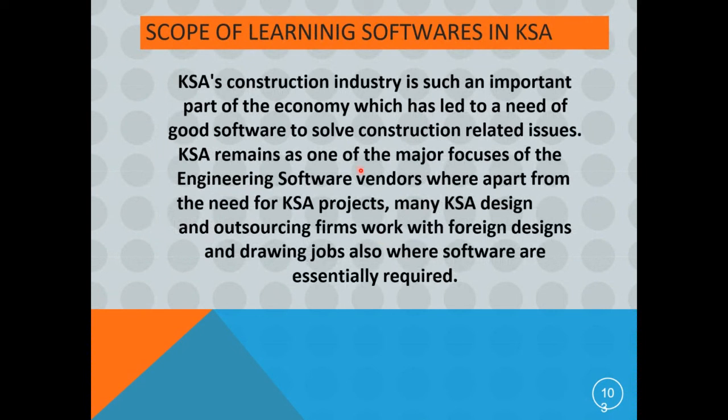So there is a lot of scope for software. It can be used in civil engineering or structural engineering. There are so many fields or projects using it. Basically in Saudi Arabia, the big projects are designed by American or European companies.